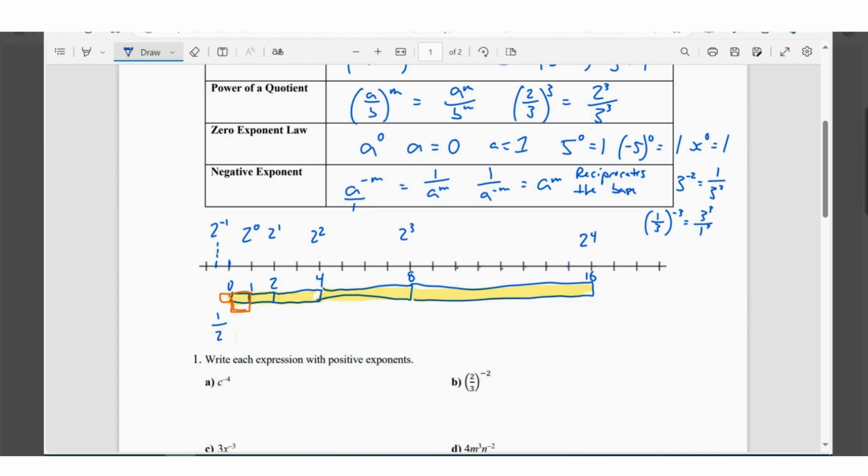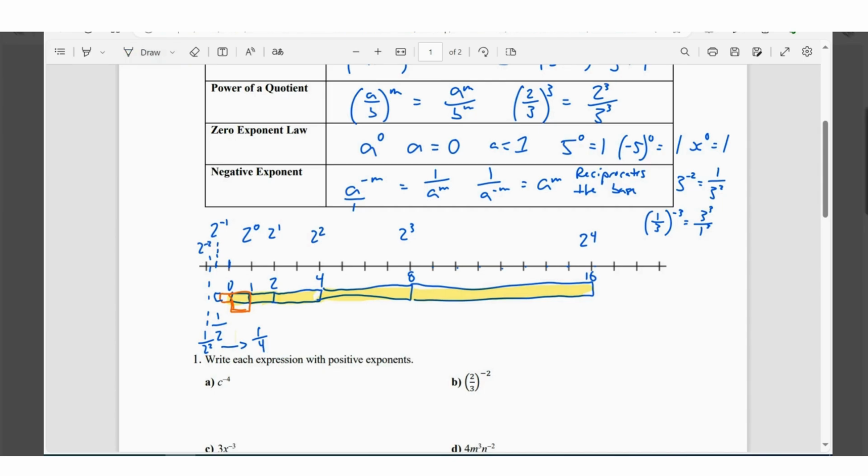And if we half that half, we end up just a little bit further, right here. 2 to the power of negative 2, we're going to land right here at a quarter. 1 over 2 to the power of 2, or 1 over 4. So that's why it works.